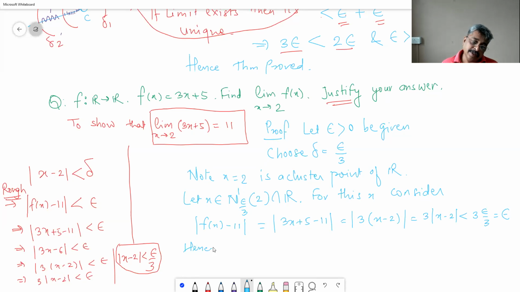Hence, by definition, limit of f of x, which is 3x plus 5, as x tends to 2 is equal to 11.